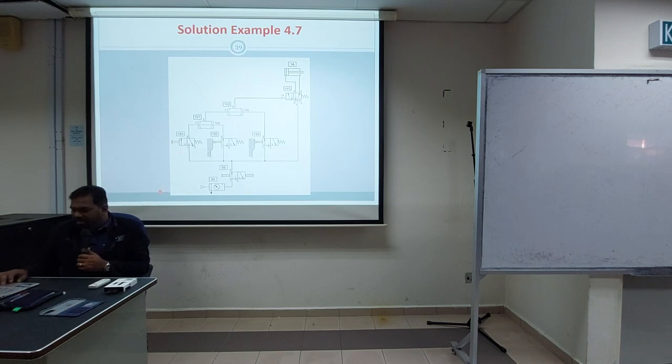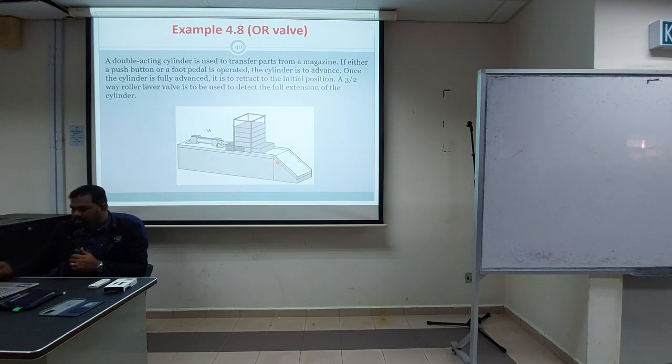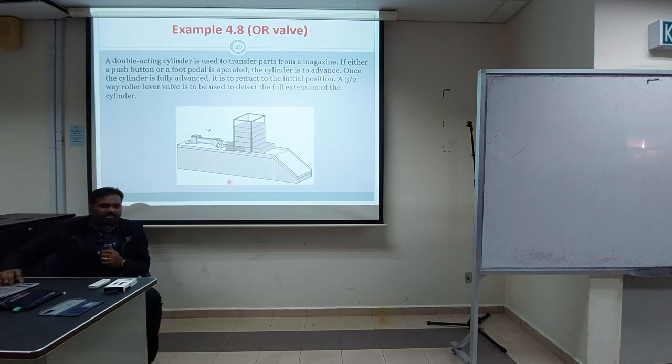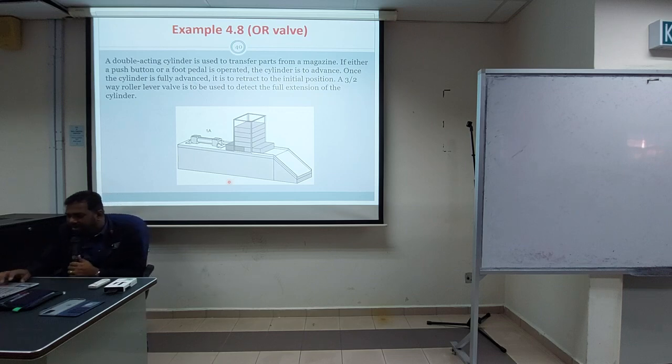Even explaining from start to end can give you like 4 to 5 marks. So you must know how to explain. Then you have a condition with an OR valve. Earlier the end valve needed two inputs. The OR valve needs either one.